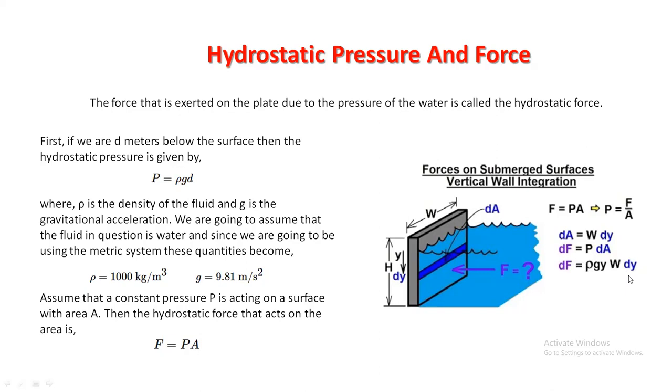Now, you may wonder why the pressure changes here to rho. By the way, class, this is g sub y, the gravitational constant, which is oriented vertically. The y is the subscript of the g. So you have rho g sub y W dy, where dy is the height of this differential element.